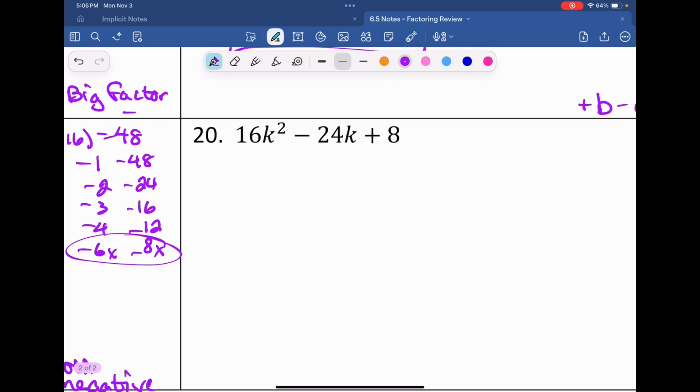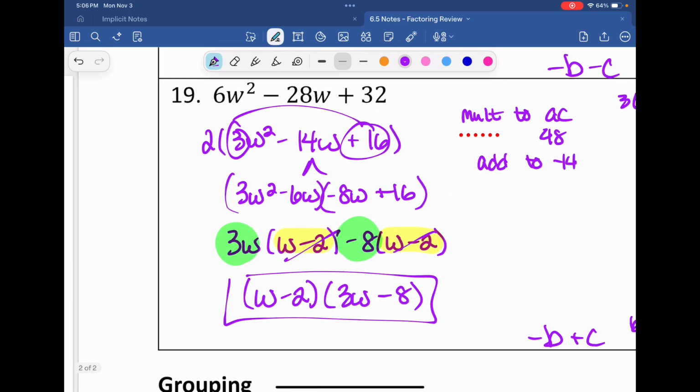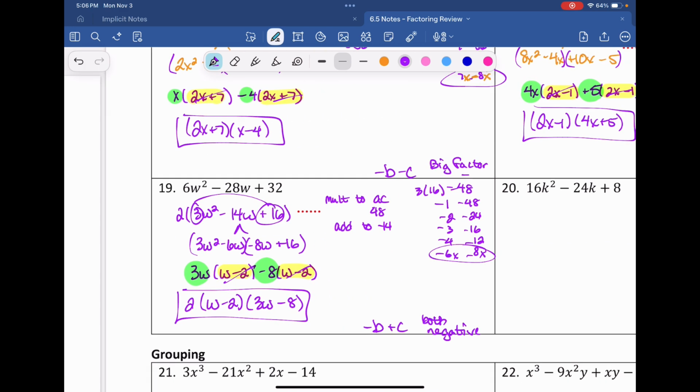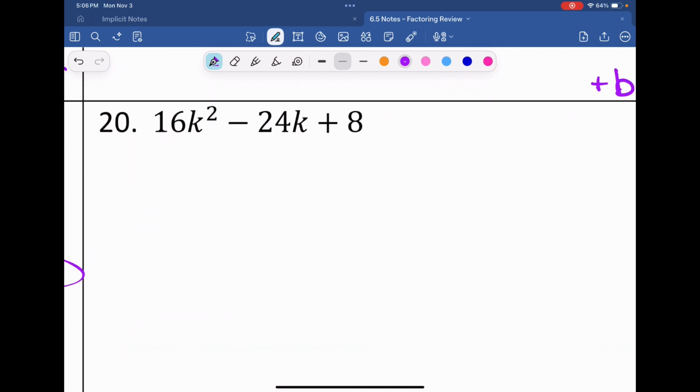All right, last one, we're going to take an 8 out of this one. Forgot the original GCF. Okay. This one has an original GCF of 8. Leading coefficient 2 times 1.